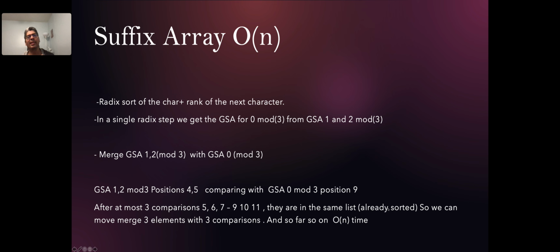So we can merge this: for each three elements, I can merge with at most 3 comparisons, and I move along the list. It looks like I have 3 lists and 3 comparisons, but in fact I have one list, another list, and 3 comparisons: 2 here, 1 here.